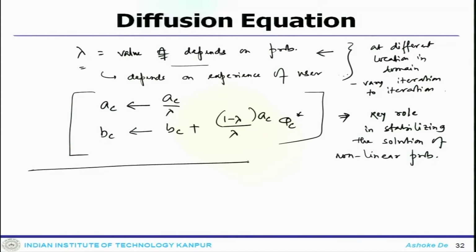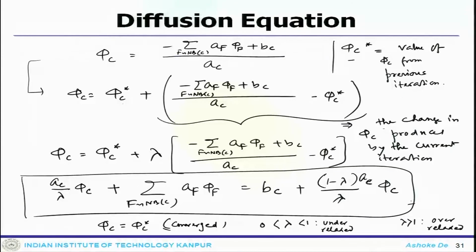What we see here is that different kinds of lambda can be used, and lambda can be varied from iteration to iteration. Once we use this kind of under relaxation, depending on lambda, whether under relaxed or over relaxed, the system can be used in a more stable fashion.